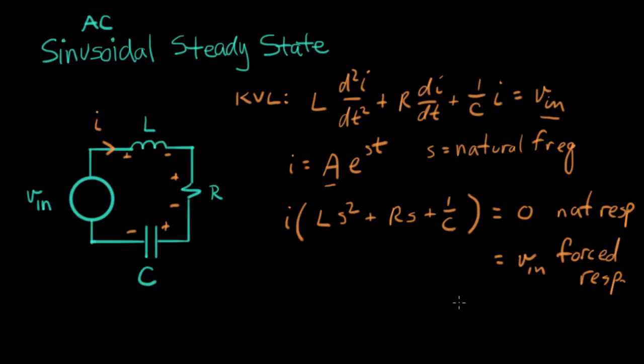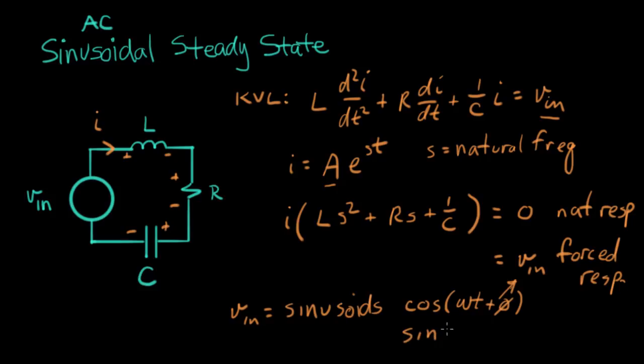The way we simplify this process substantially is we put a little limitation on ourselves on what Vin can be. If we volunteer to limit ourselves to Vin equal to sinusoids, that means Vin is of the form cosine of omega t plus phi, where phi is some angle, or it could be sine of omega t plus some angle.